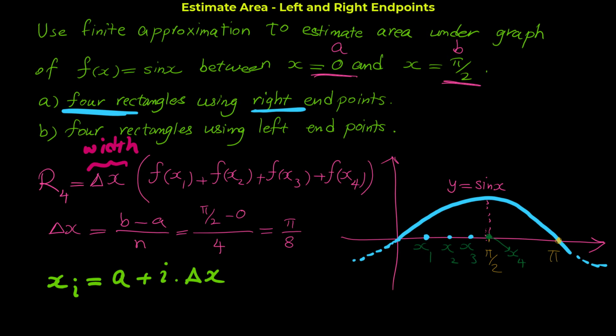We know that a is 0 in this question. So, for calculating xi, we know the value of a. Also, we know that delta x is pi over 8. So, now that we have everything, let's calculate x1, x2, x3, and x4.